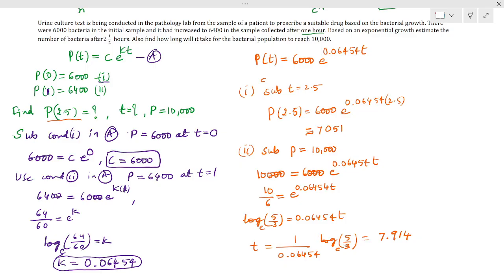You can calculate separately. So it is approximately 8, or you can call it 8 hours, since here we are calculating time in terms of hours. So therefore it will take 8 hours to reach the population of 10,000.